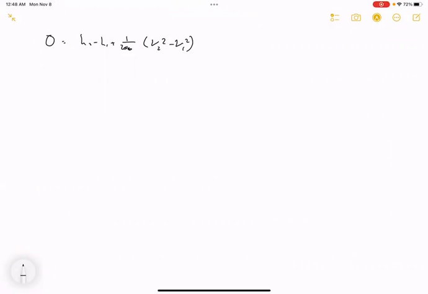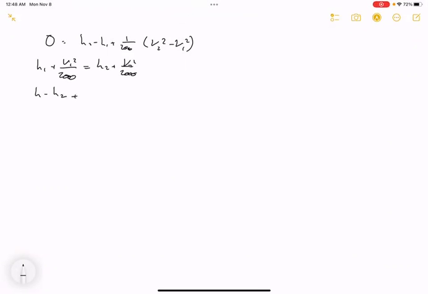Now, if we manipulate this a little bit and isolate for V2, what would that look like? We can say H1 plus V1 squared over 2,000, and remember, we're looking for V2 here, equals H2 plus V2 squared over 2,000, which we can manipulate a little bit more.